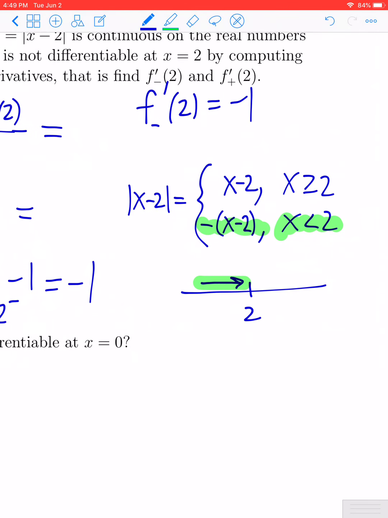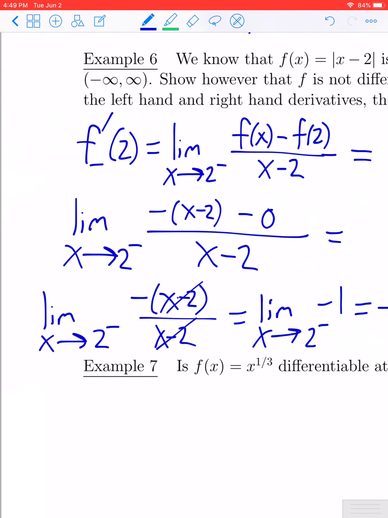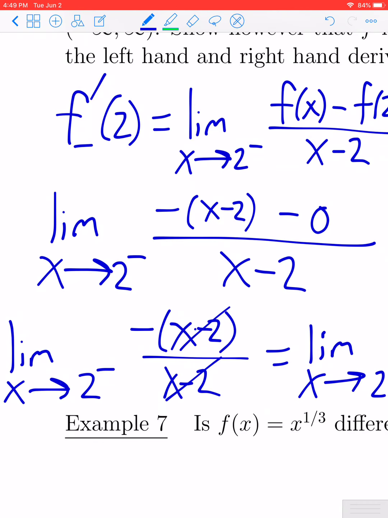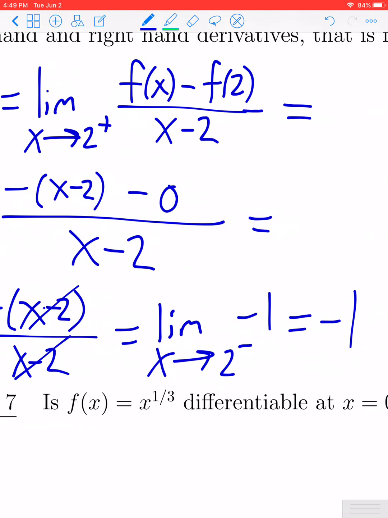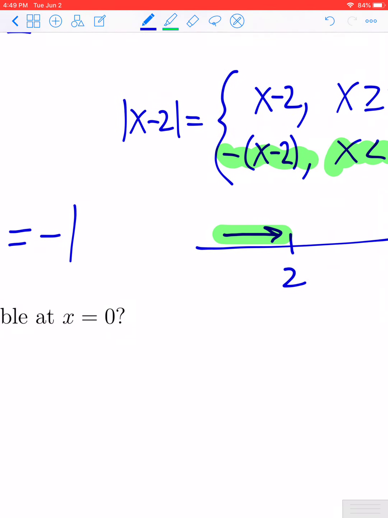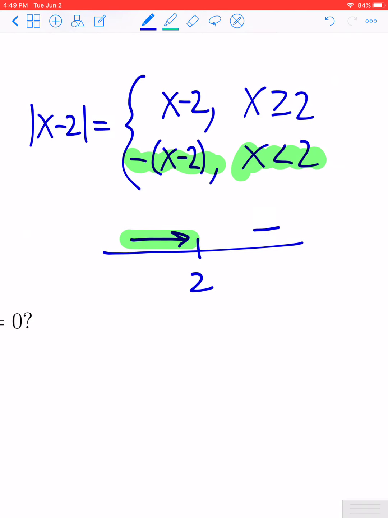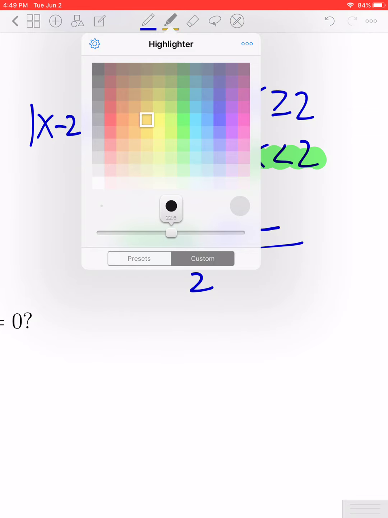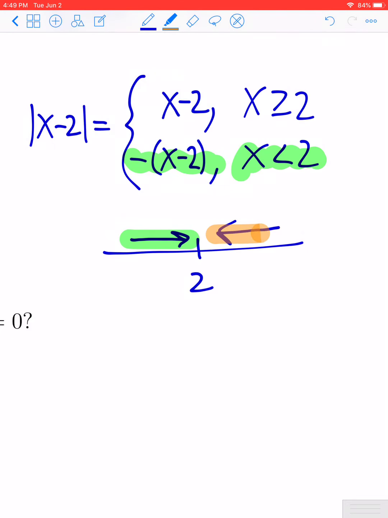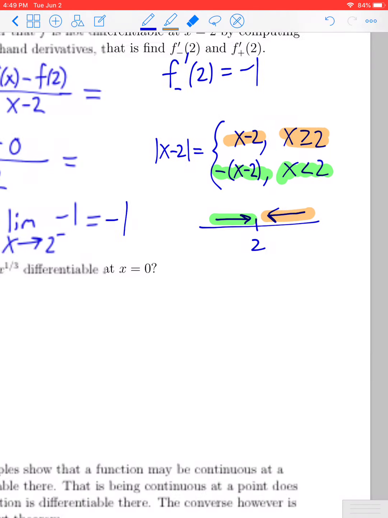Now let's take a look at what happens as we look at the right-hand derivative. I'm going to be a little bit brief about it, but for the right-hand derivative, we approach 2 coming in from the right-hand direction. These are values to the right of 2, or values greater than 2. So we can replace the absolute value of x minus 2 simply with x minus 2.